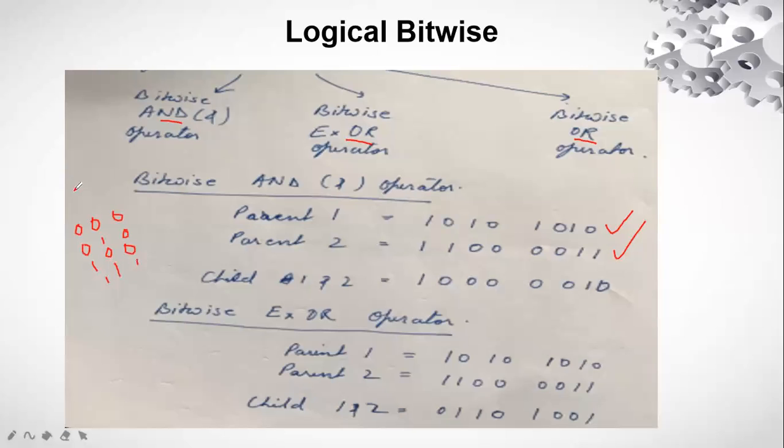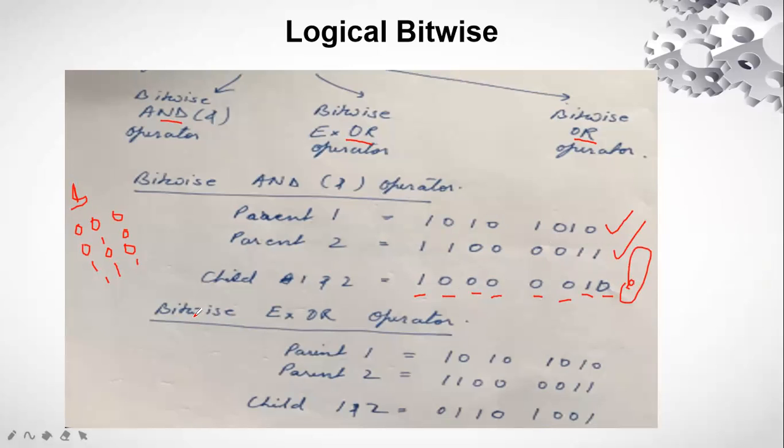So this is the AND operation, right? So here 1, 1, I'll get 1. For 0, 1, I'll get 0. 1, 0, I'll get 0. 0, 0, I'll get 0. 1, 0, 0, 0, 0, 0. 1, 1, I'll get 1, and 0, 1, I'll get again 0. So this is the answer for the AND operator, right?